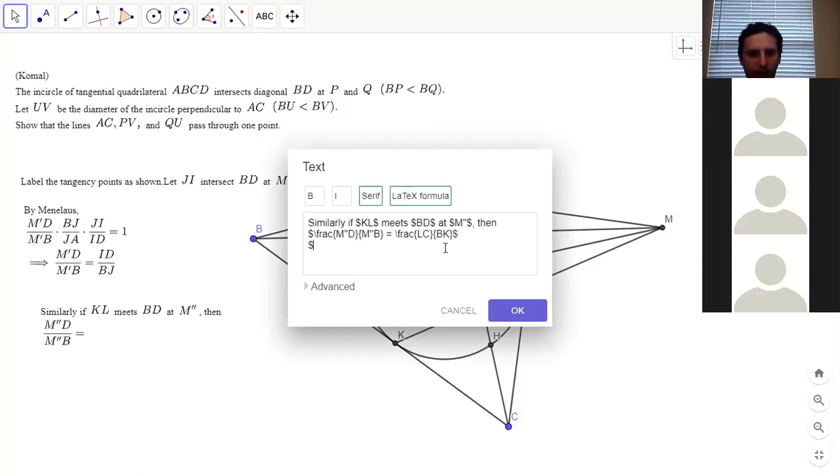And that means that M prime equals M double prime equals M.